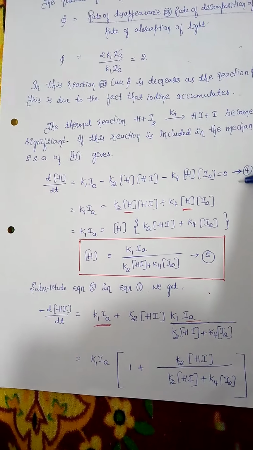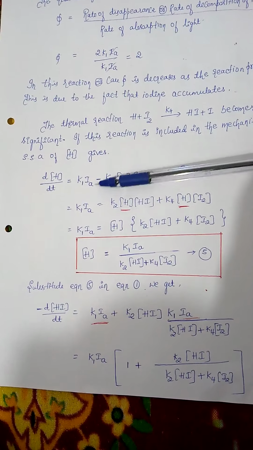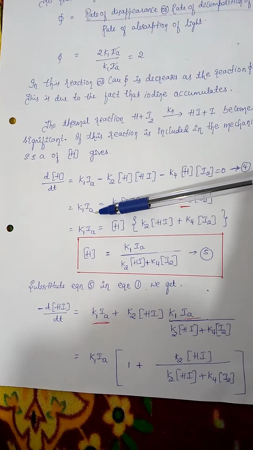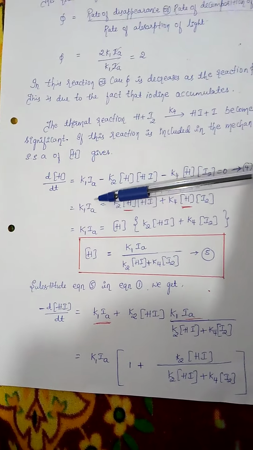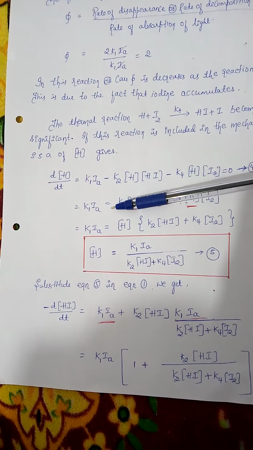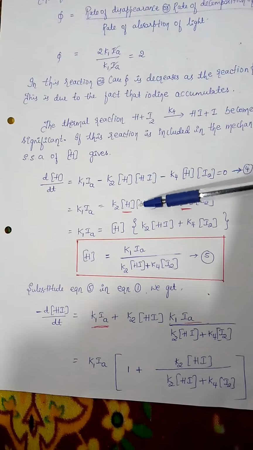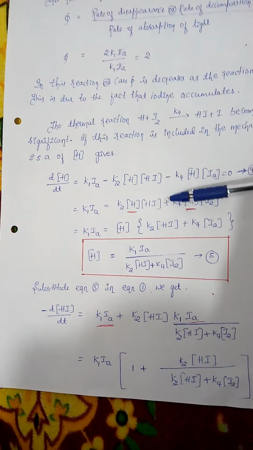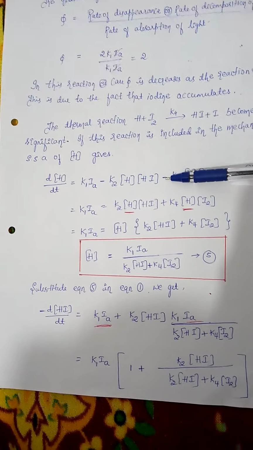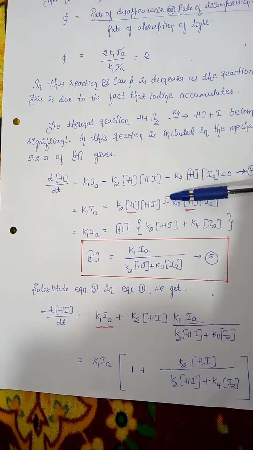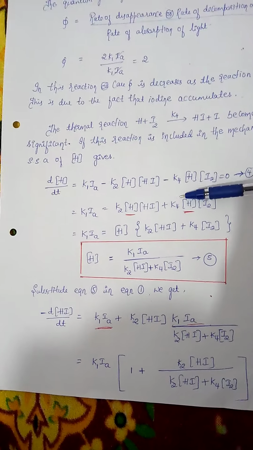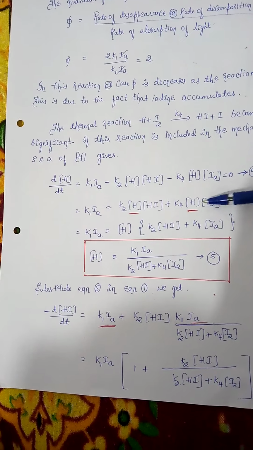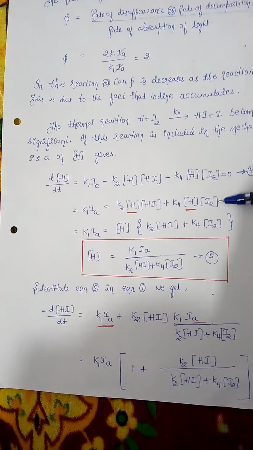Here in equation 4, the K1Ia is taken outside. So now it becomes K1Ia is equal to K2 [H][HI]. The negative sign is converted into positive. So here plus K4 [H][I2].